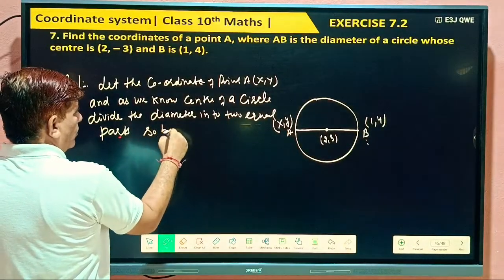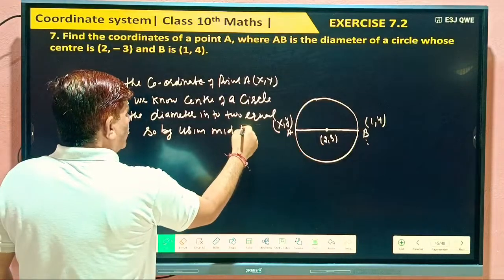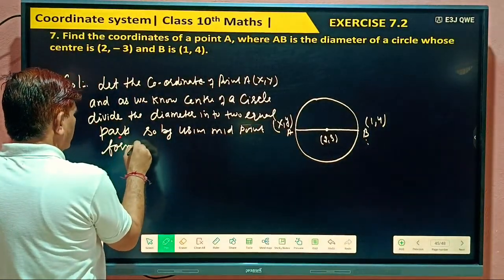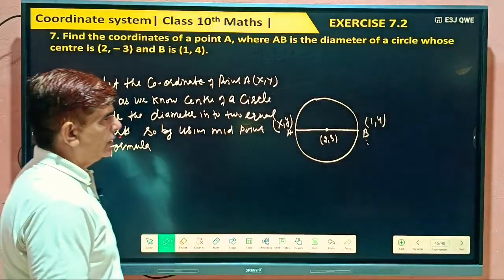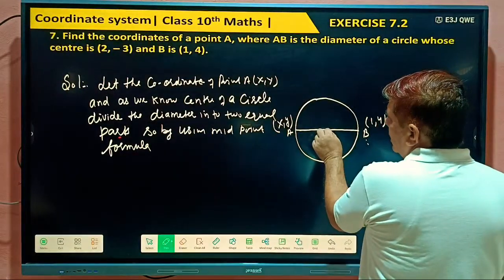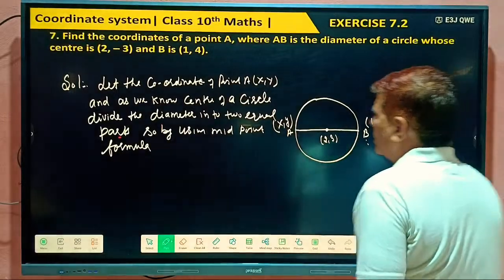So by using the midpoint formula, what we can say? This is the midpoint. So this plus this by 2 is equal to this.